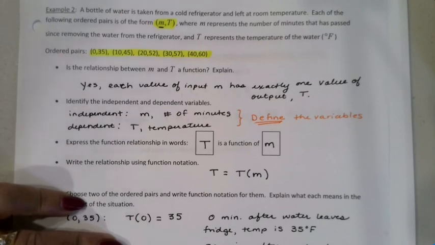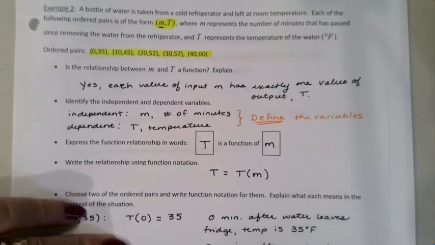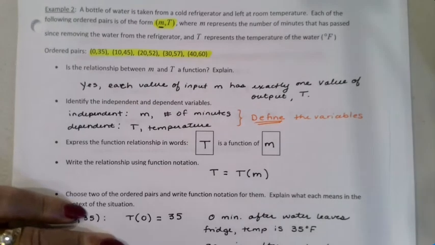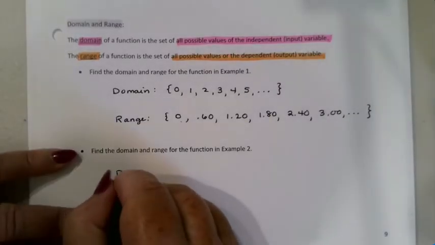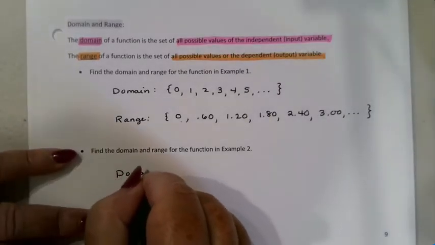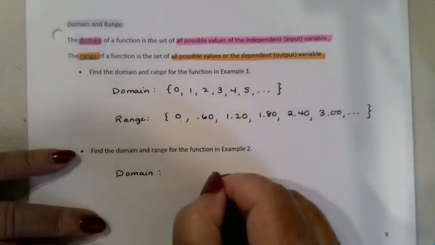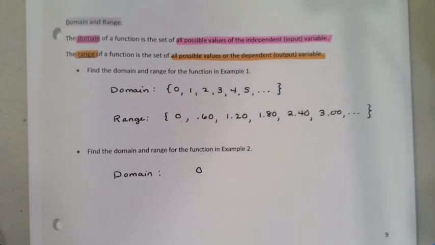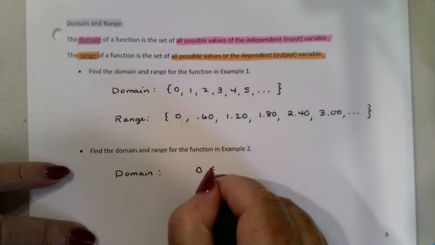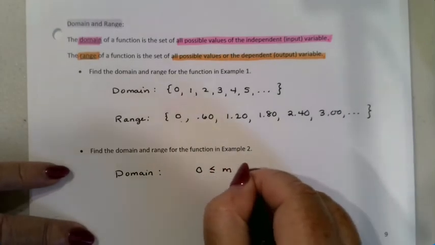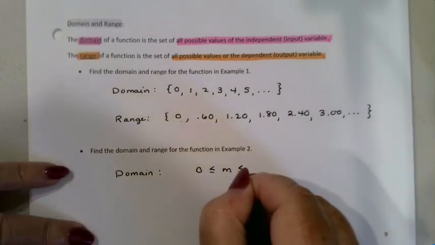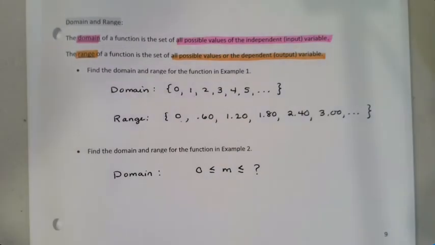Any of those. So when I go to do my domain, m, the number of minutes, could be as low as 0, and then it would keep on potentially.